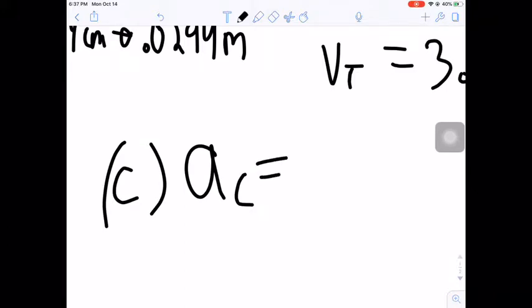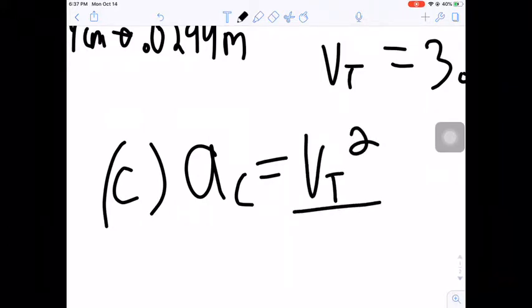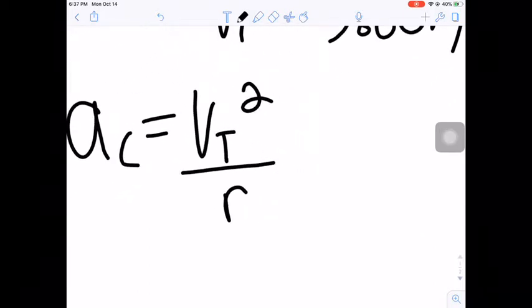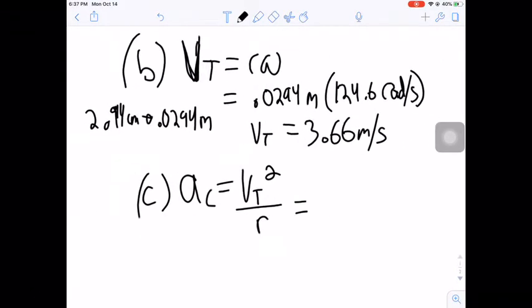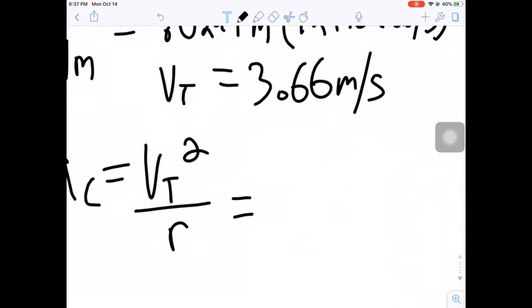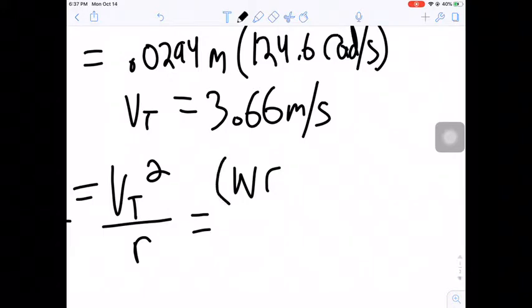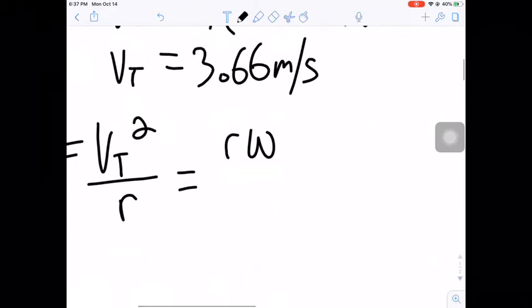So centripetal acceleration is equal to the tangential velocity squared over r. We can play around with this. Tangential velocity is equal to r w, like we did in part B, and that is being squared.